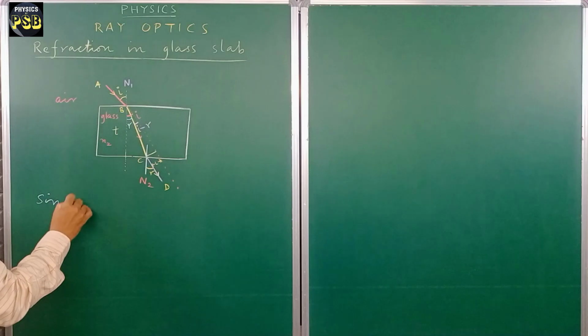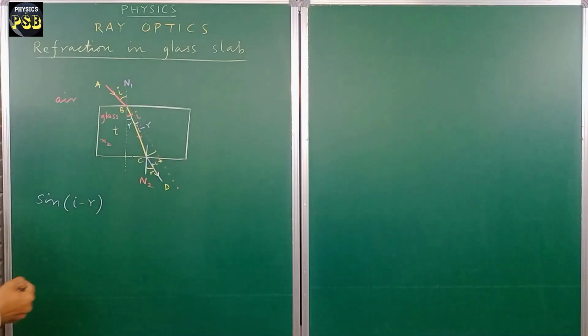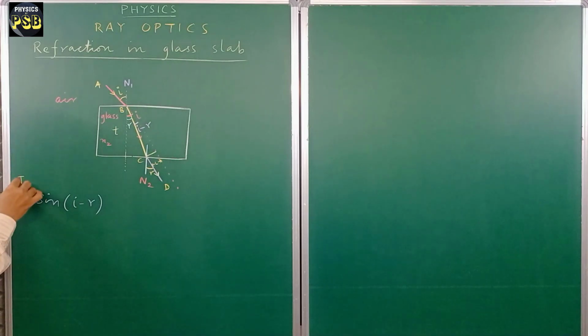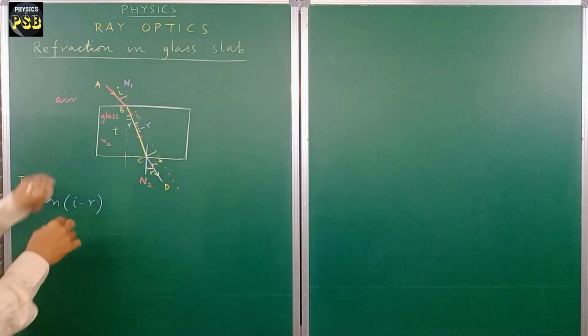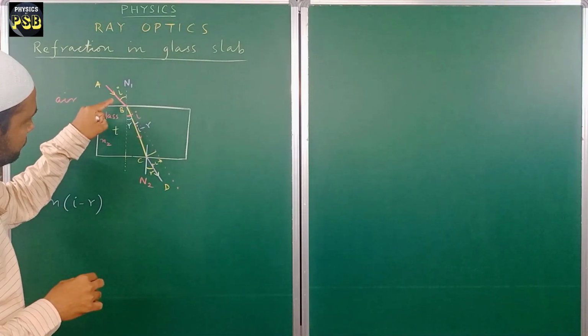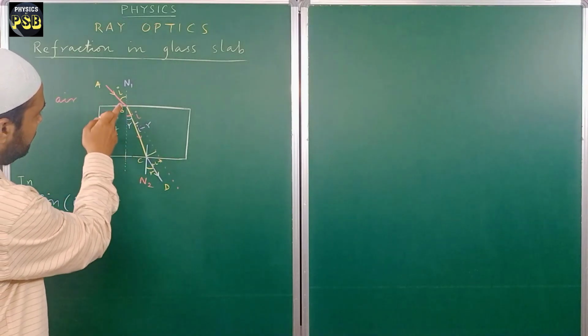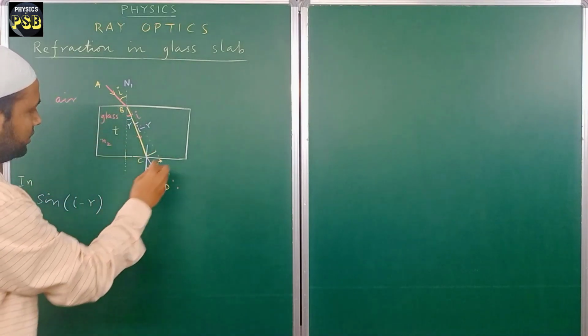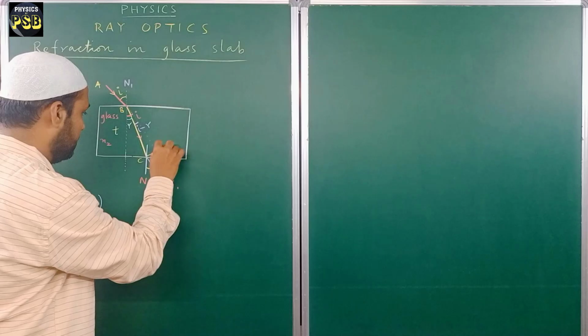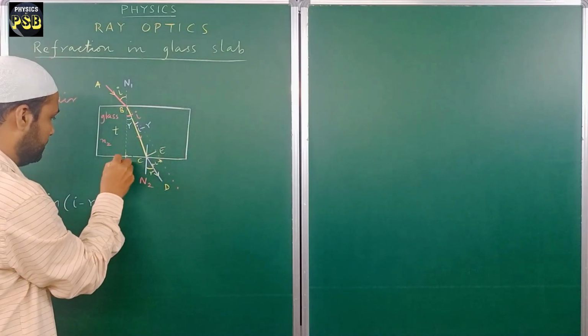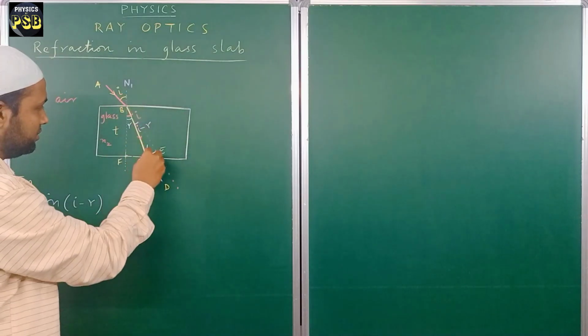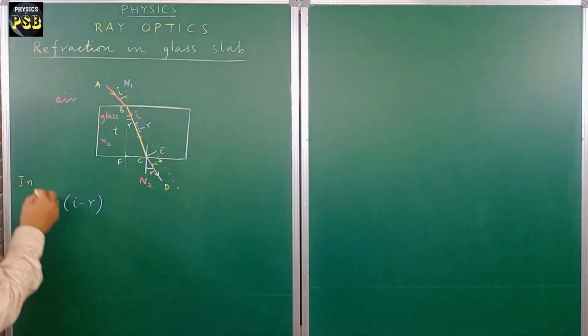Now, in a right angle triangle, BC, I name this E, and this point is named as F. I take that right angle triangle BCE.